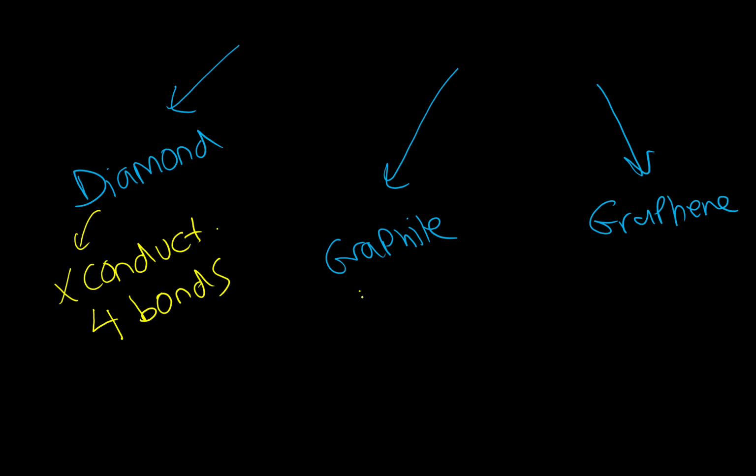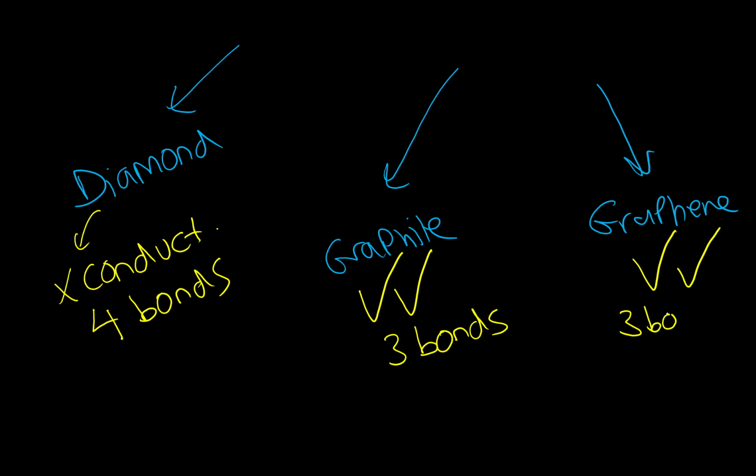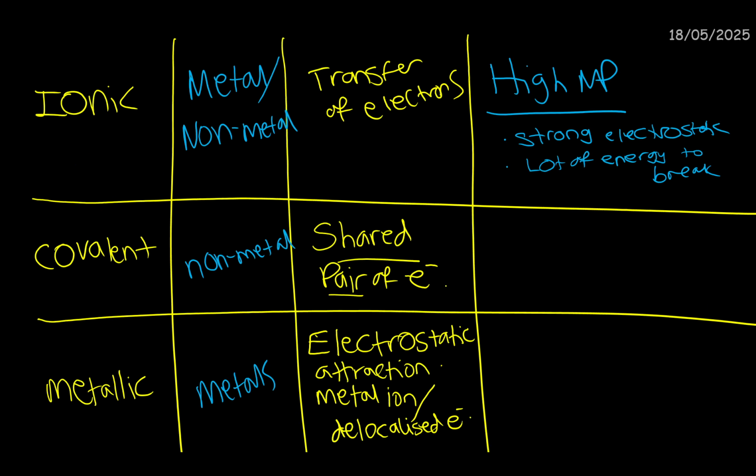Graphite and graphene, they can conduct electricity. Why can they conduct electricity? Because they form 3 bonds. Now, let me just explain this in a bit of detail. You know from alkanes, alkenes, that each carbon atom forms 4 bonds.